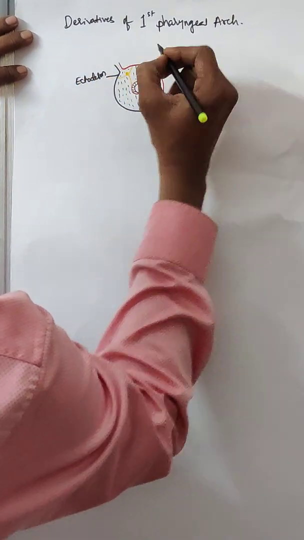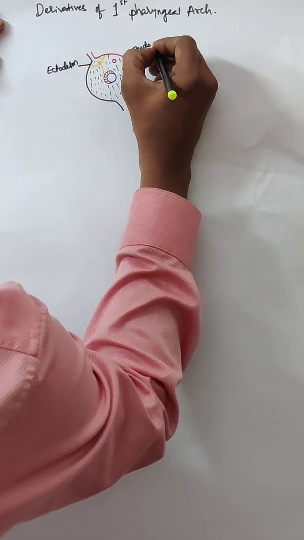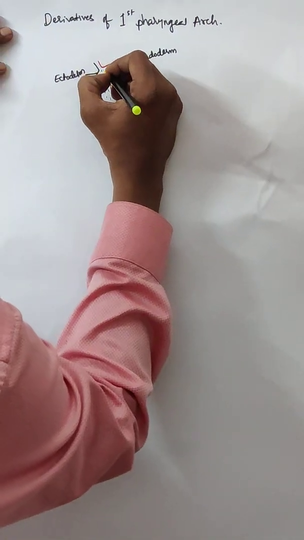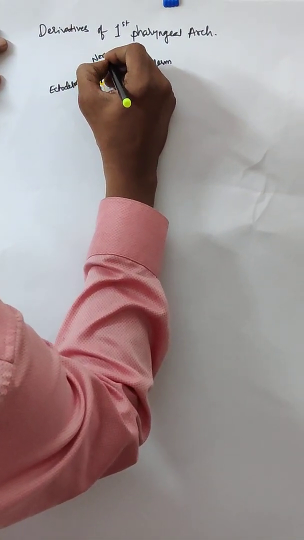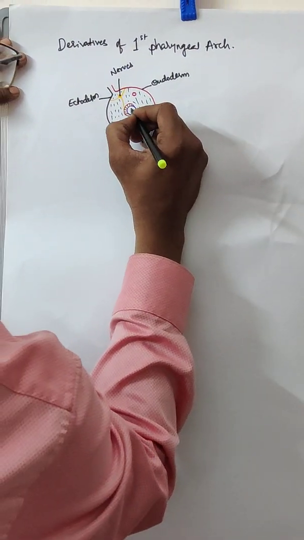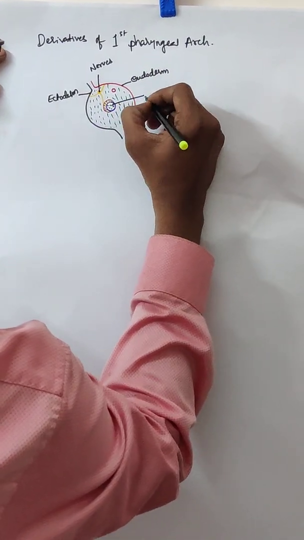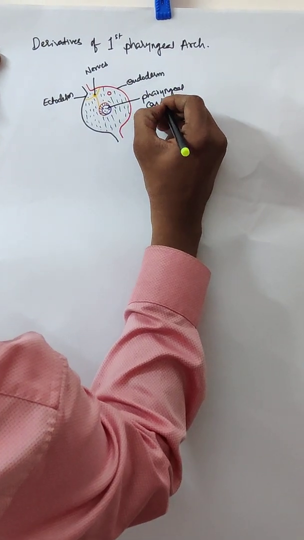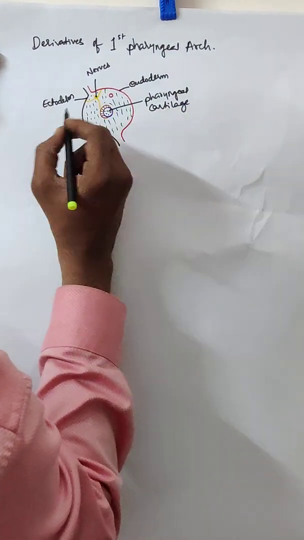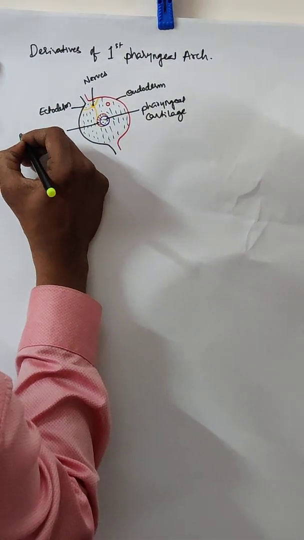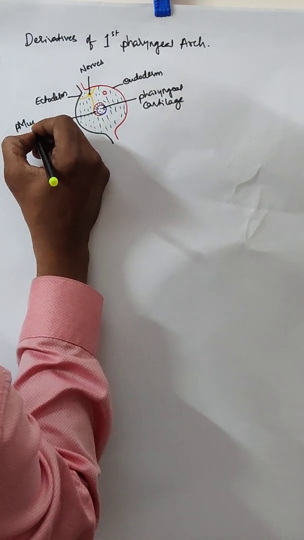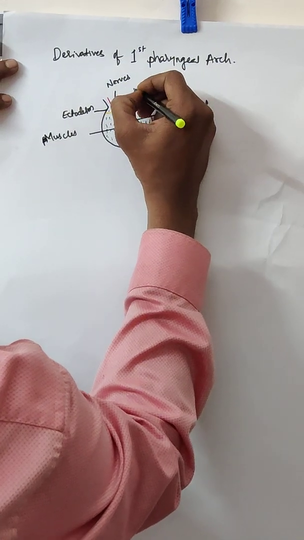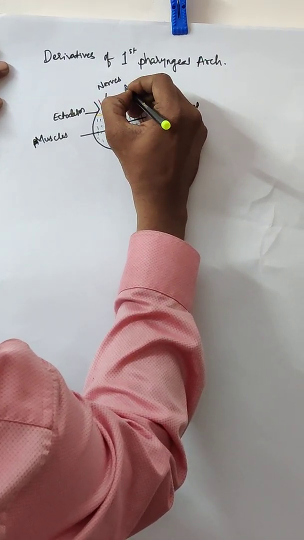This is nothing but the ectoderm, the endoderm, and you can see this is nothing but the nerves of the first pharyngeal arch, and in between here this is the pharyngeal cartilage, and here you can see the muscles of this first pharyngeal arch, and also this one is the artery of the first pharyngeal arch.